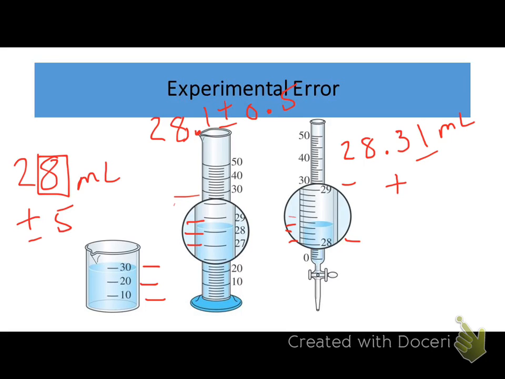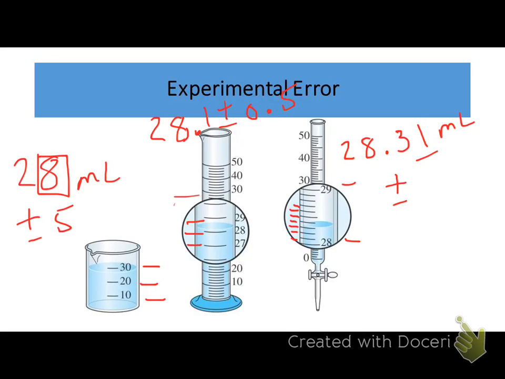So what is my random error, my plus or minus? Well, since my smallest hash mark is going up by 0.1, you can see that, the smallest hash mark, again, these are all going up by 0.1s. So what is half of 0.1? It should be 0.05.